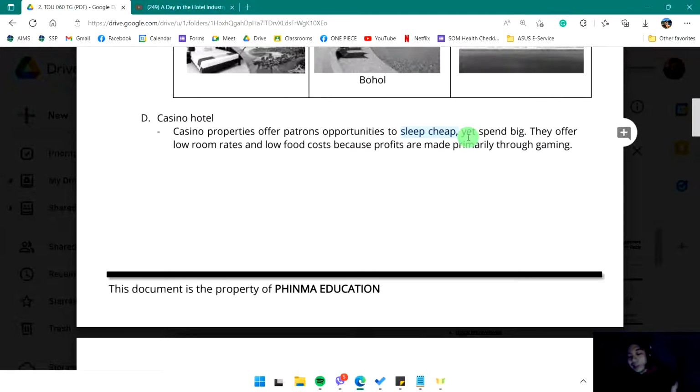More on swak sa budget na stay, para the rest of their money they can spend on games or spend in gambling.